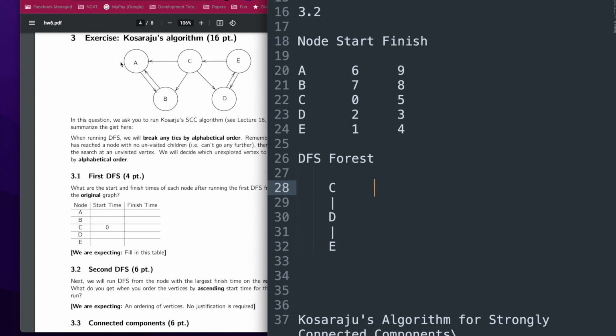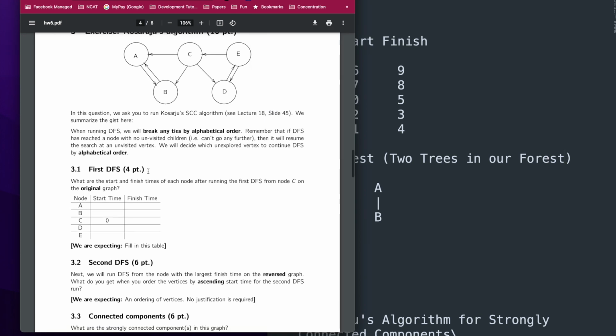And then we had another tree that started with node A that had one child, which was node B. So it went from A to B here. And these are our 2 trees in our DFS forest.